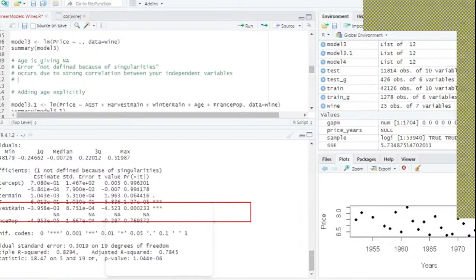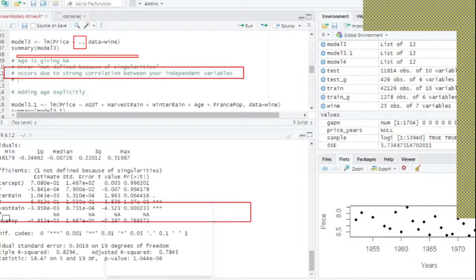Now, why is this NA coming? When I put all variables with a dot, age becomes NA. It is because of singularities, meaning there is a strong correlation between age and population. We have seen that.